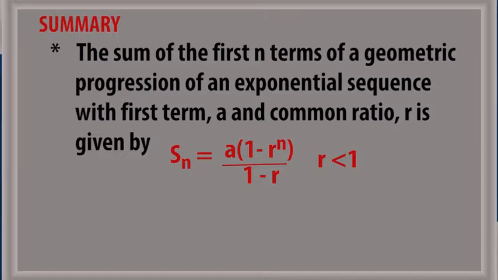We also said when R is greater than 1, for example, 1.1, 1.02, or 1.523, then we have to use Sn is equal to A multiplying R raised to the power n minus 1, divided by R minus 1.